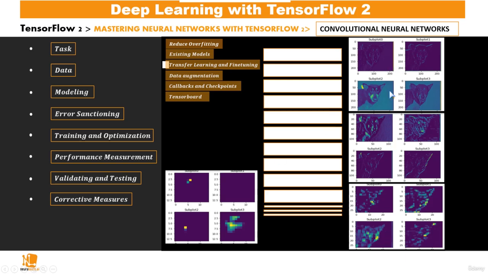So we're starting from the inputs, then as we move deeper in the model right up to this layer which is just before the fully connected layers, there is a great difference in the kind of feature maps which are being generated.